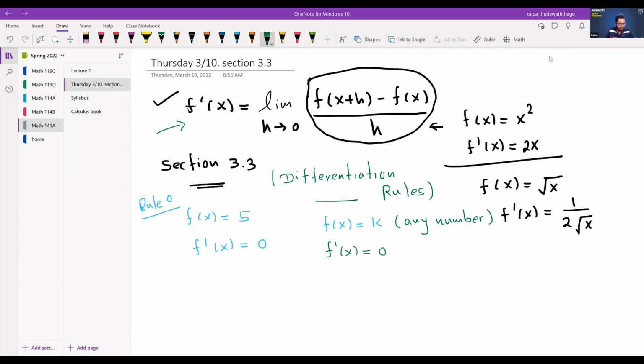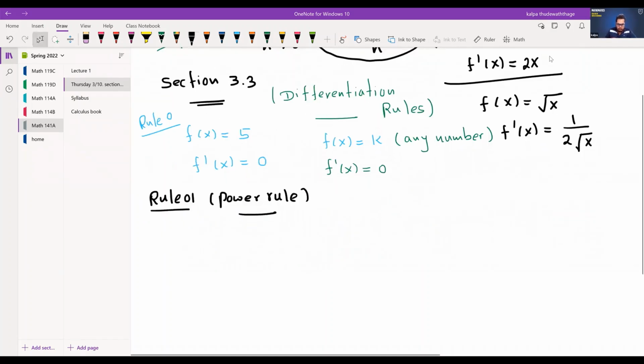Next we start talking about the power rule, rule number 1. In the power rule, we learn the most important formula for the derivative.